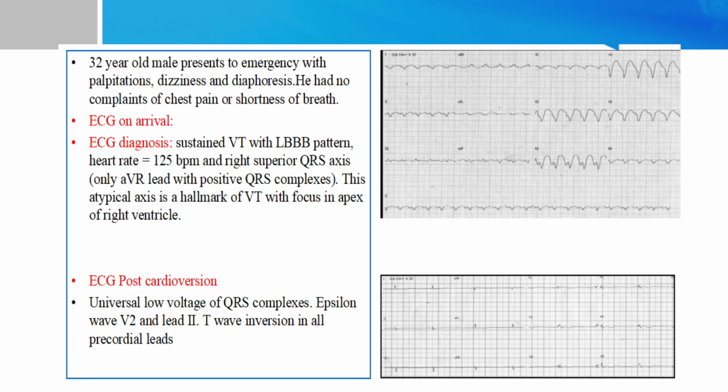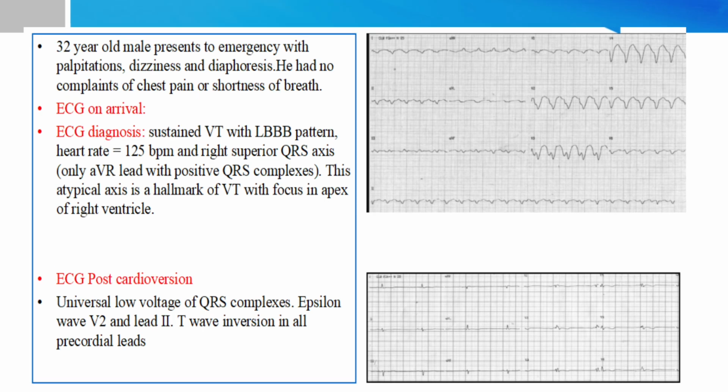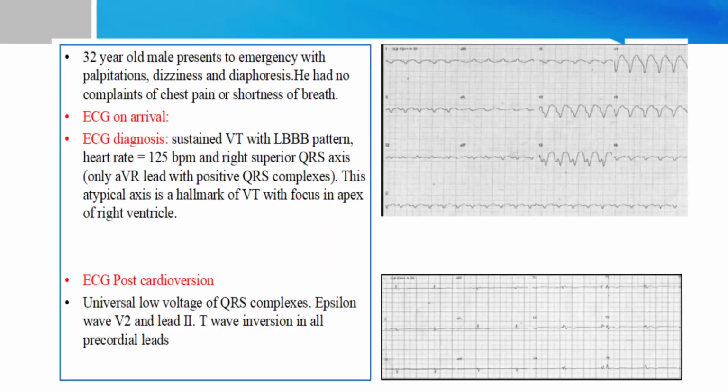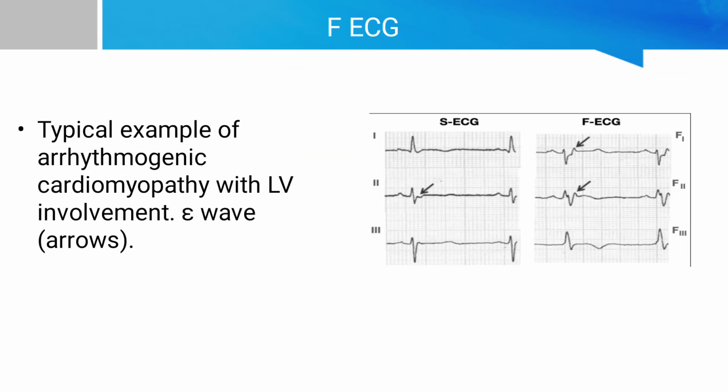This patient was cardioverted, and post cardioversion the ECG shows low voltage QRS complexes, epsilon waves in V2 and lead 2, and T wave inversion in all the precordial leads. It is difficult to see, sorry for that.